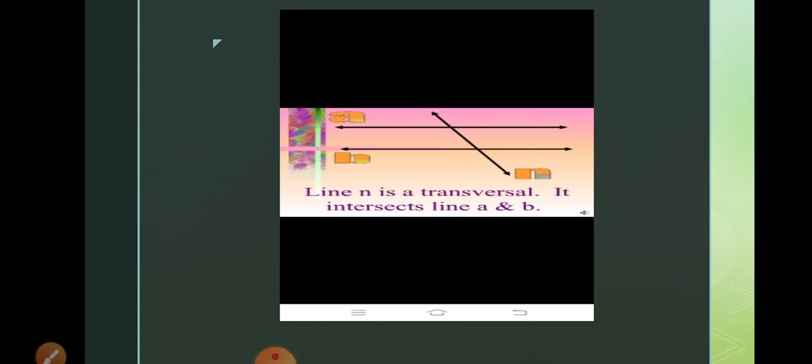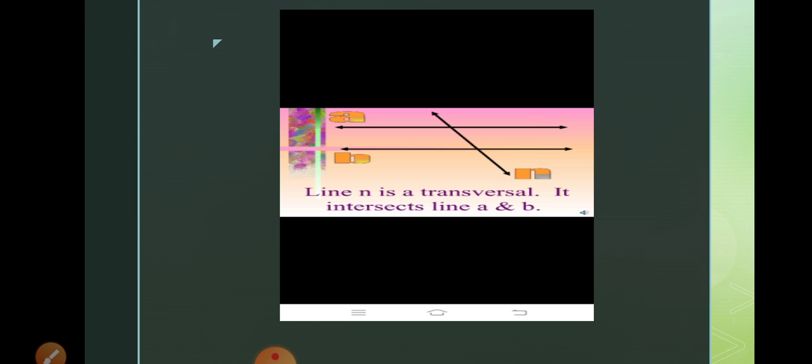These lines are E and F, and they are equidistant to each other at every point. That's why these lines are parallel.